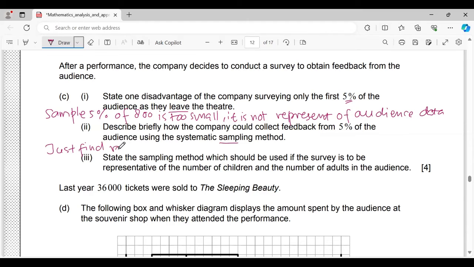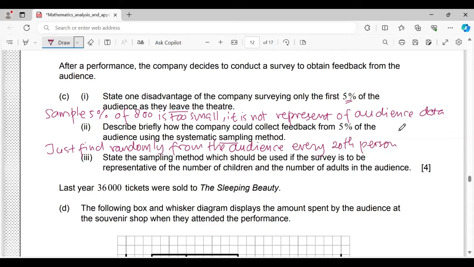Just find randomly from the audience, every 20%.